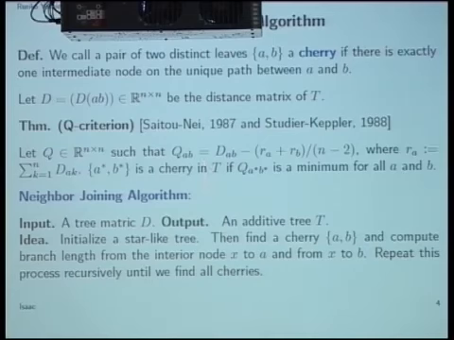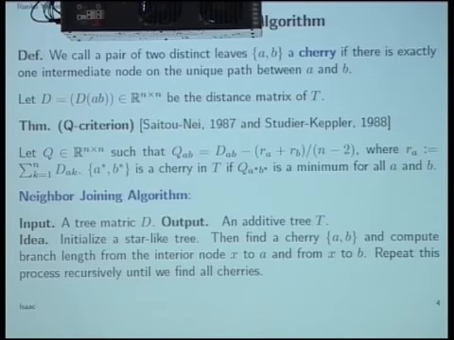This is a theorem by Saitou-Nei and Studier-Keppler, also called the Q criterion. Q is the n by n matrix defined by Q_AB = D_AB - (R_A + R_B)/(n-2), where R_A is the sum of D_AK, K from 1 to n. The theorem says that A*B* is a cherry in T if Q_A*B* is the minimum over all A, B.